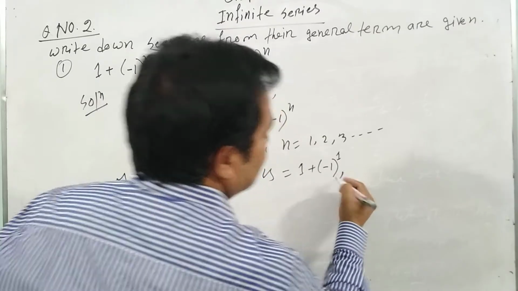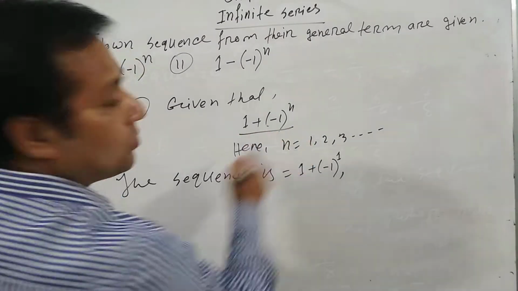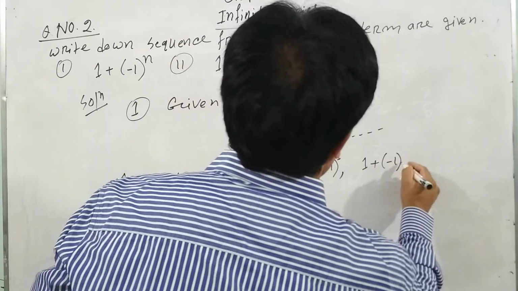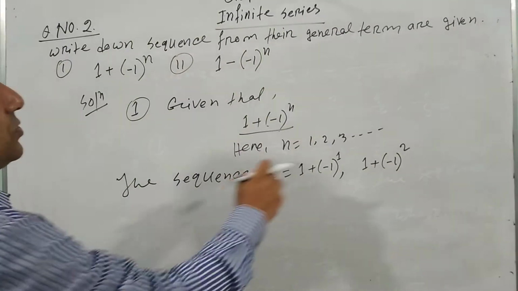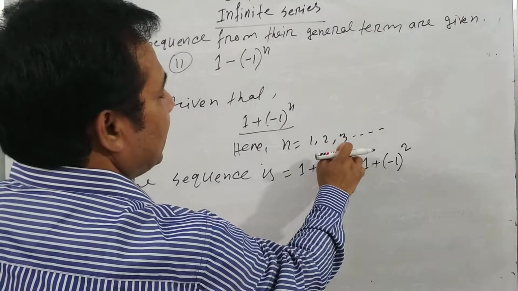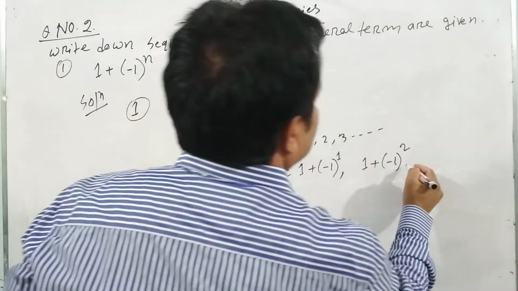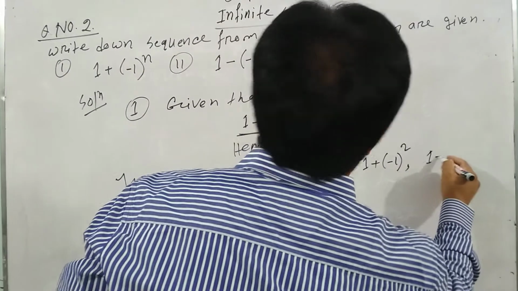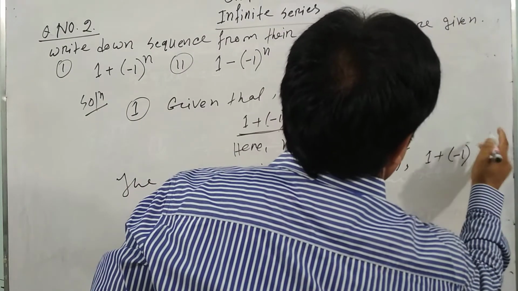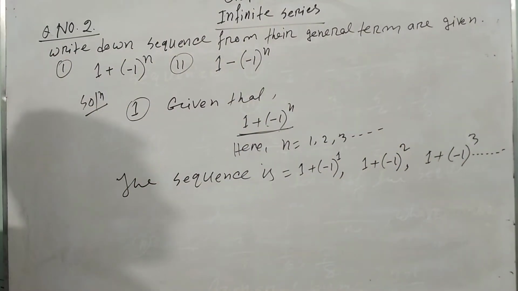This is the first term, comma. Next, we put the value of 2 in this question: 1 plus minus 1 to the power 2. Then we put n equals 3, comma, 1 plus minus 1 to the power 3, dot dot up to infinity.